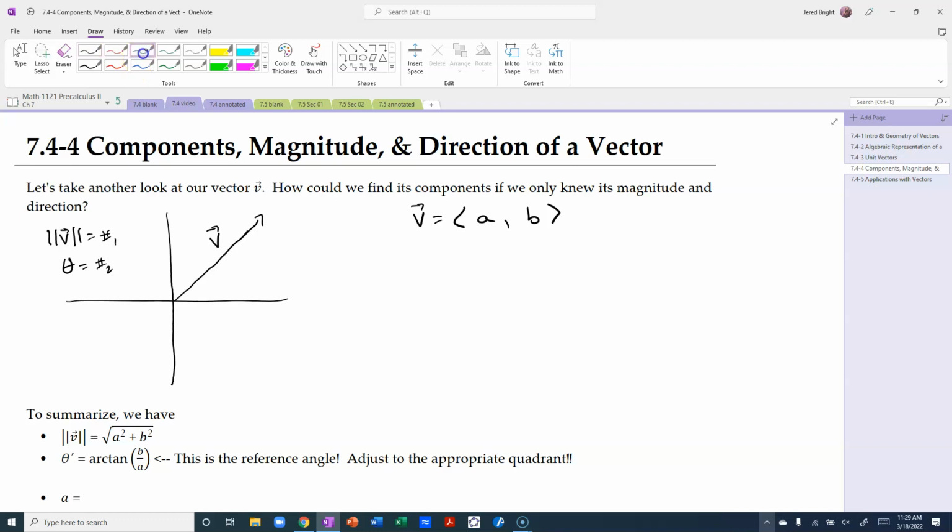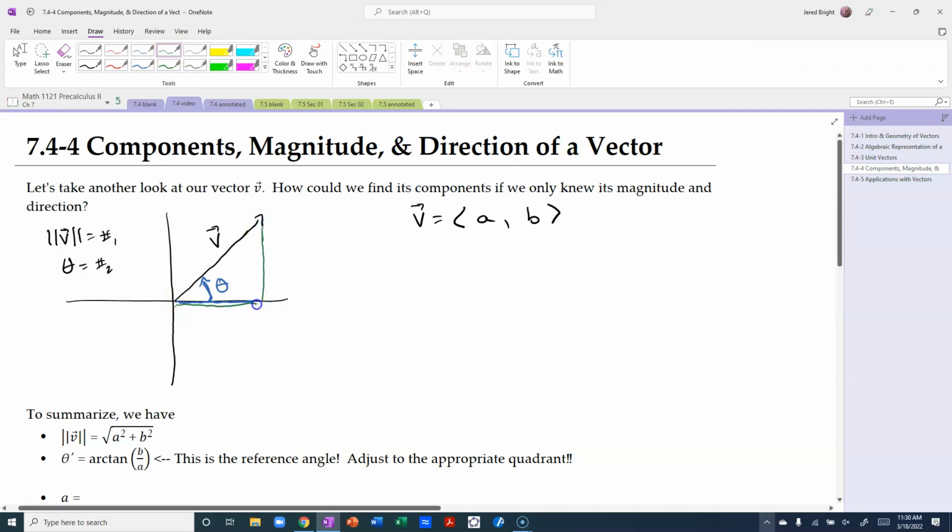Well, first thing is to recognize that, let's label this as our angle theta, or our direction theta. If I think about this vector, and actually let me put this in a different color just for emphasis.